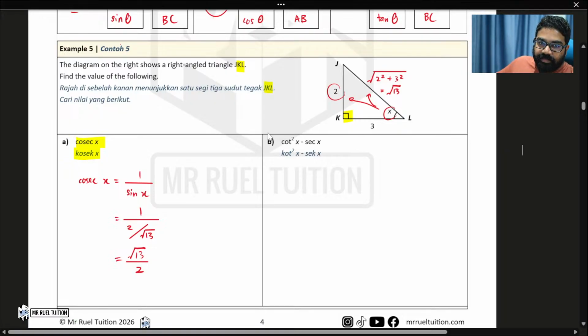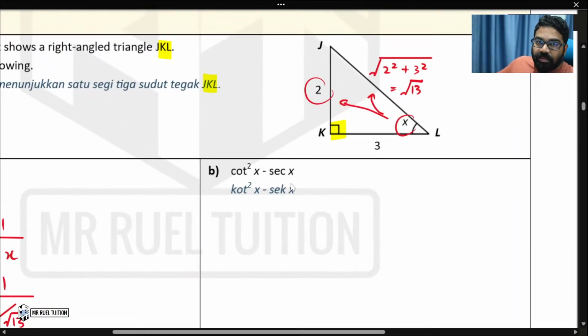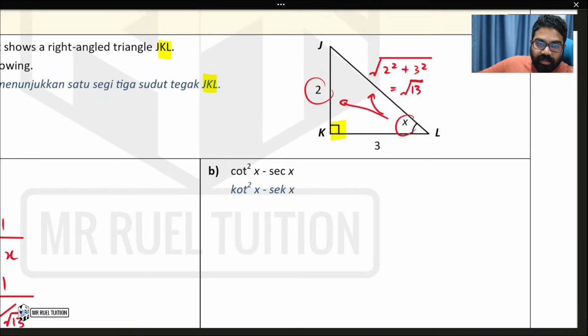Okay, look at B. What is cotangent square x? We have to find cotangent first. This is 1 over tangent square x, minus secant.